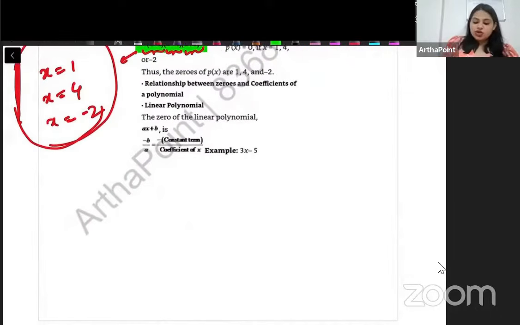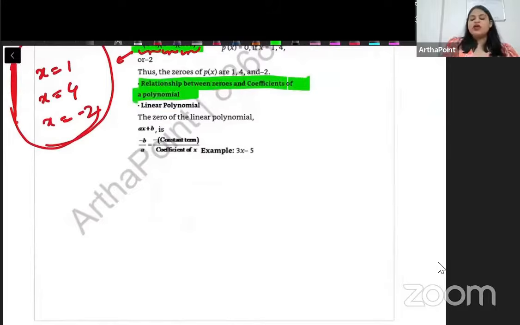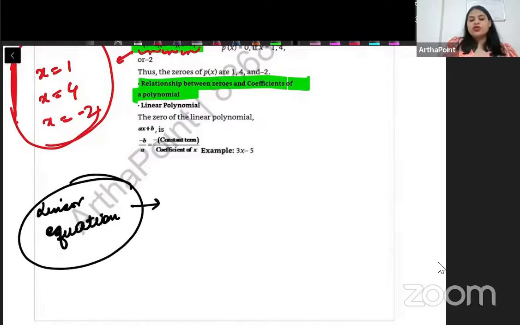There is a relationship between zeros and coefficients of the polynomial, right? So suppose you have a linear equation. A linear equation is of the form ax plus b.